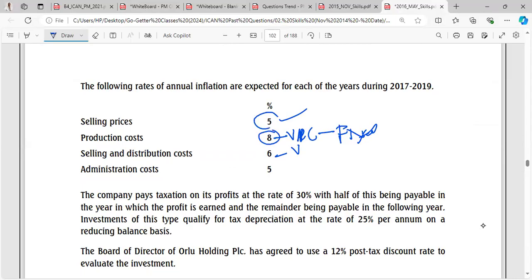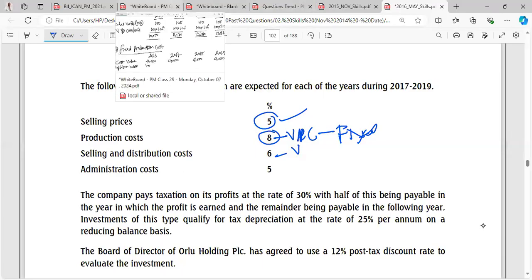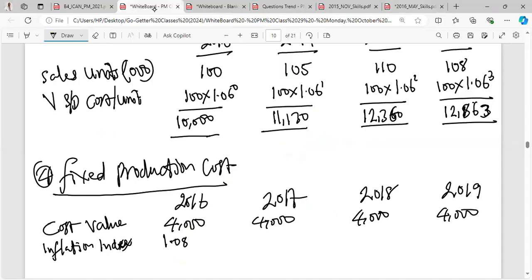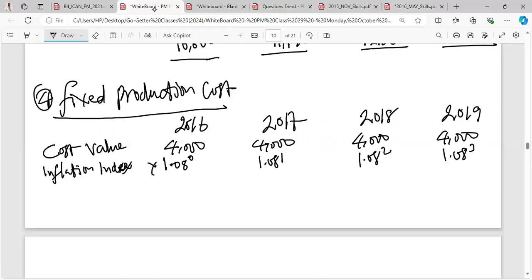So we are taking the 8% now. So we'll say 1.08 raised to power 0, 1.08 raised to power 1, 1.08 raised to power 2, 1.08 raised to power 3. So we close it now.